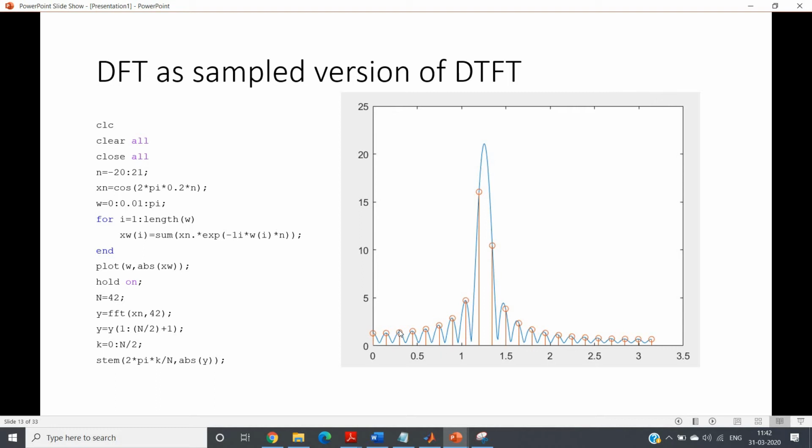So from the sampled version, as I have shown you in the time domain, same concept, we can reconstruct our original continuous signal, and we have to do sampling in such a way that after reconstruction the continuous signal looks as close as possible to our original continuous signal, right?